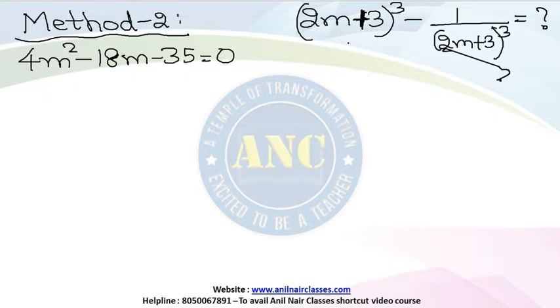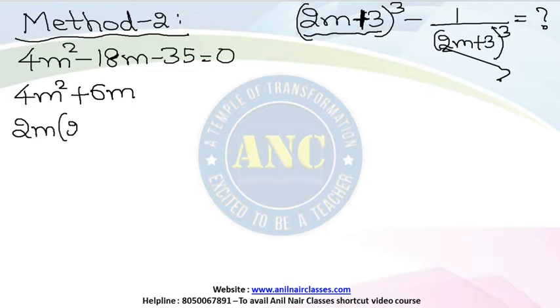Now see here, I want the term 2m plus 3. I should somehow get the term 2m plus 3. So what I will do is write 4m square plus 6m, because if I take 2m common factor, I will be left with 2m plus 3 inside the bracket, and that is my whole point of solving this question.